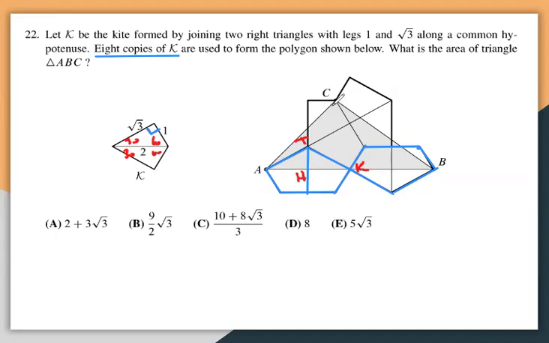And then this corner is 90 because this is part of the intersection of 1 and √3. So if I can show this line is parallel to AB, then I can just find that distance, and then I will find AB as well. The triangle we are given is ATK. Let me make it a bit bigger.